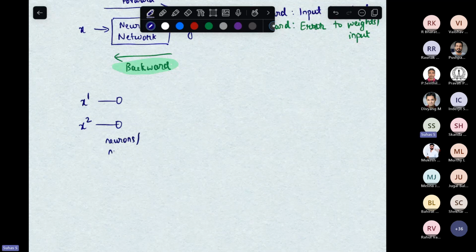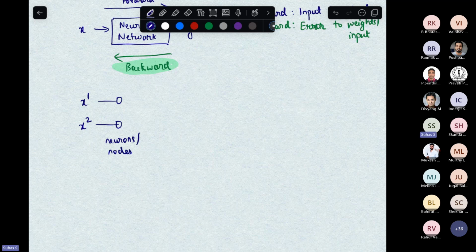They're called neurons or nodes. And this is where multiple operations happen in the neural network. Every neural network has things known as layers, and each layer consists of multiple neurons which are interconnected with each other. So this is typically how neural networks are.